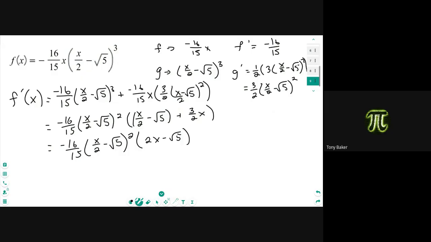What are my critical numbers? How do I find my critical numbers? Yep. Where it's zero, or where it doesn't exist. In this case, it exists everywhere.